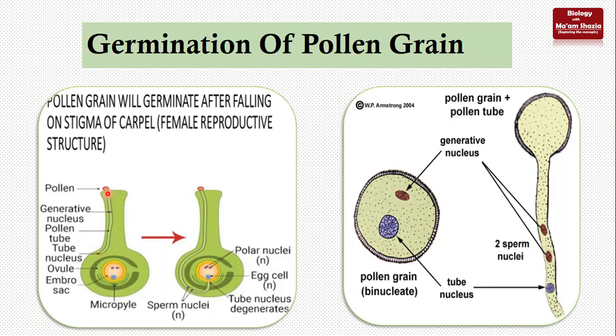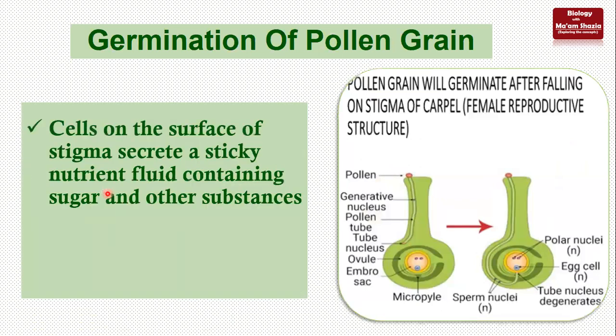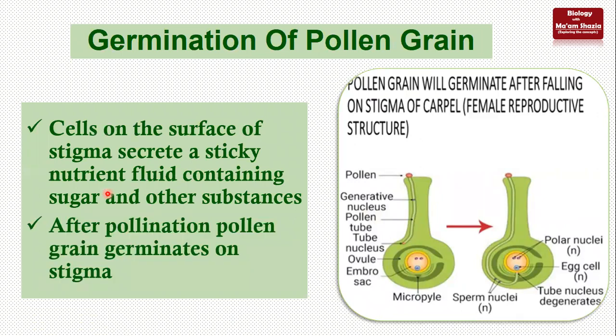Cells on the surface of the stigma secrete a sticky nutrient fluid containing sugar and other substances. After pollination, the pollen grain germinates on the stigma, because the stigma has the capability to keep them alive by providing energy, and they can stick to the stigma as well.